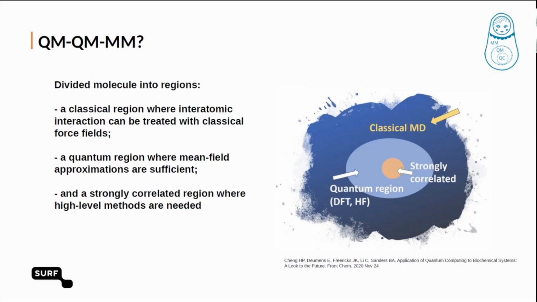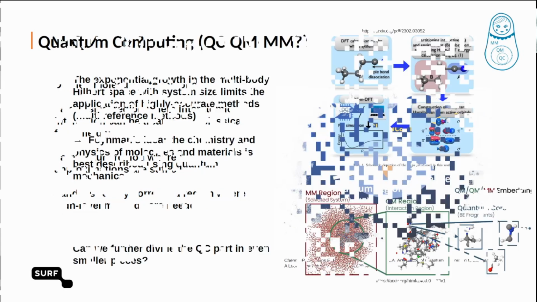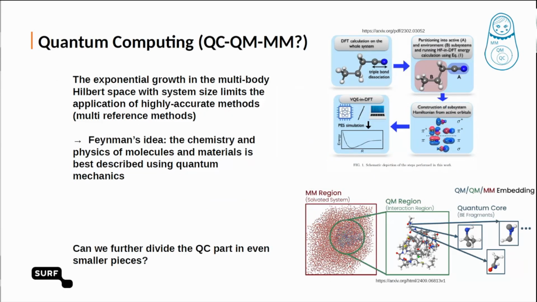This part you could do with traditional quantum software methods, but potentially we could also do it in the future with quantum computers. This is one of the things that people are interested in doing. So this is the idea, right? We can exploit quantum computers to calculate the strongly correlated pockets.